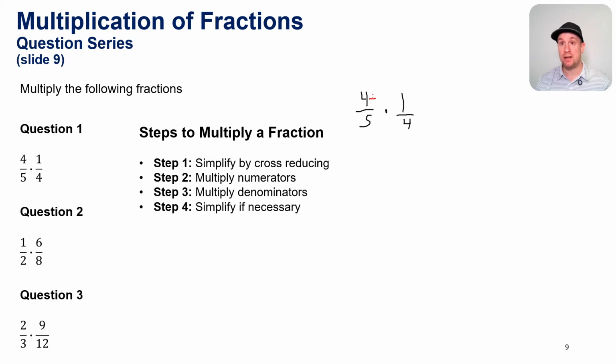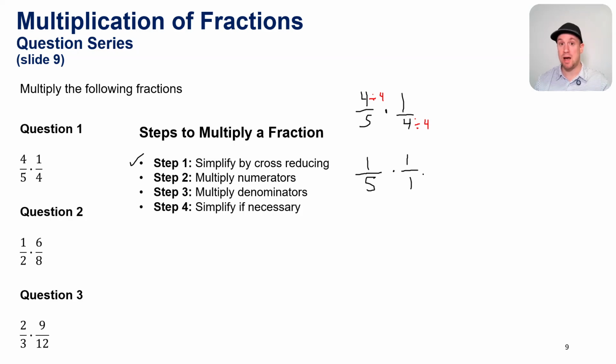So I can divide this by 4, and I can divide this by 4. So rewriting my new fractions, I have 4 divided by 4, which is 1. I can't divide 1 and 5, so we just write 5 now, times 1 over 4 divided by 4 is 1. So this is step number 1 that's been completed.